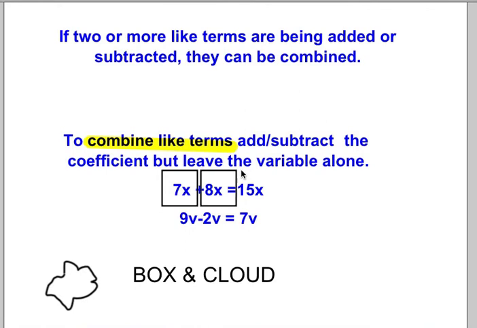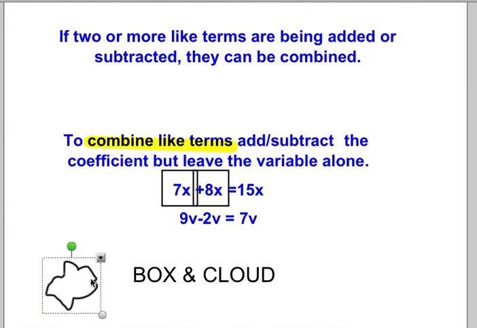This may seem silly right now, however, when you get longer expressions and equations with varied terms, boxing and clouding helps you identify the like terms easier. So 7x plus 8x, I keep the x alone and I just add the coefficients. 7 plus 8 is 15. And I add on the variable, so the answer is 15x when simplified.